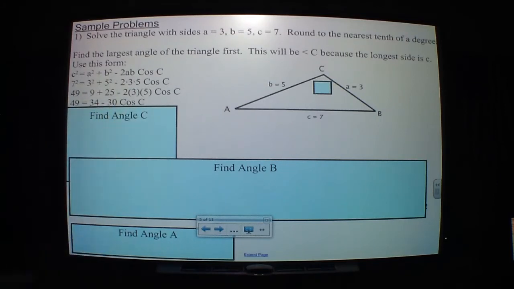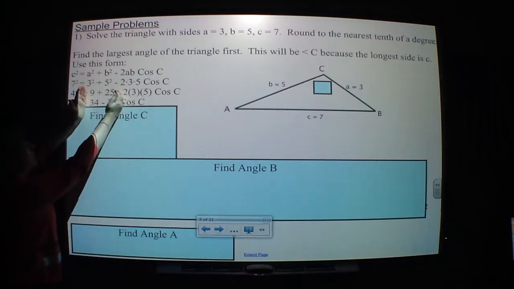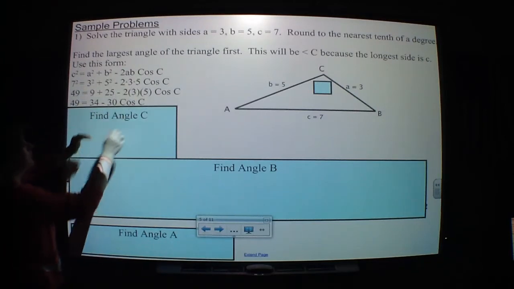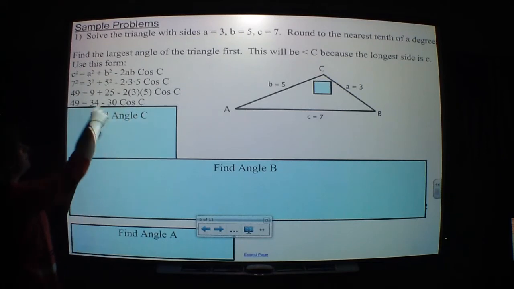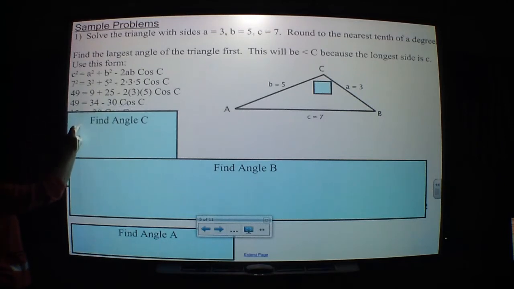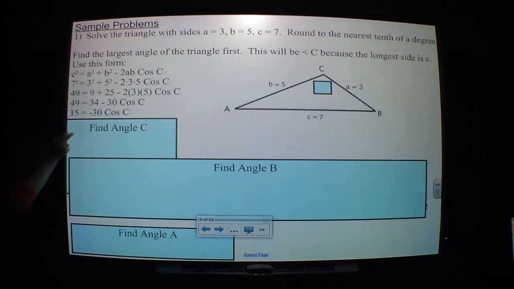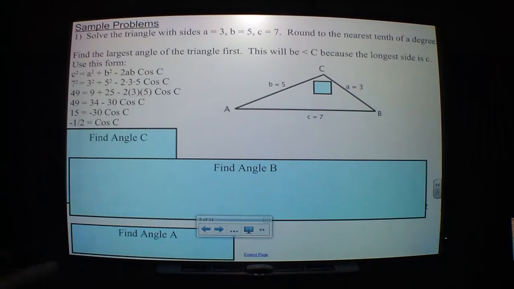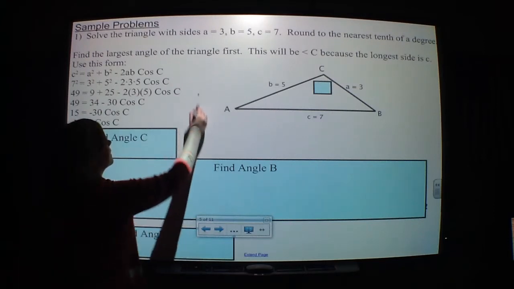Solve for cosine of C. Do not do this first, right here, because order of operations says you have to multiply before you do any addition and subtraction. So I would subtract 34, and then I divide through by negative 30. This is actually a special triangle that you know. So let me draw it out.